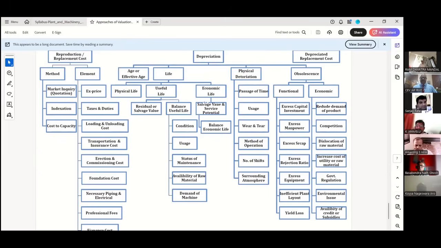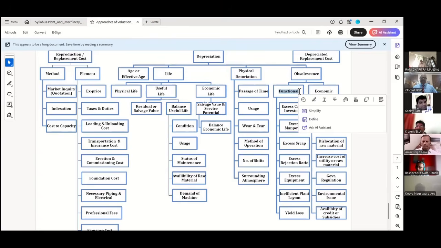Okay. So in the cost approach, we subtract accumulated depreciation from the replacement cost and get the DRC, depreciated replacement cost. Nowadays, according to the IBS, there are only two types. Technological obsolescence is merged as a part of functional obsolescence.